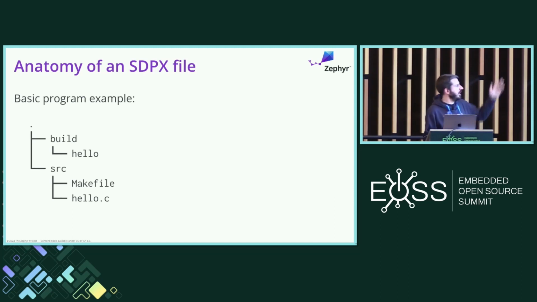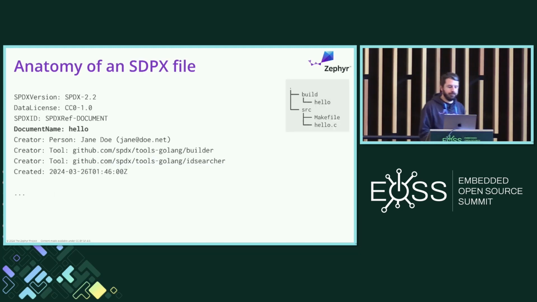Say I were to build this application made of only a simple source file, a makefile that provides instructions to build the system, and then a binary, with SPDX. We won't read everything line by line, but the manifest for the hello package or application that might eventually go into an actual product would look something along those lines.